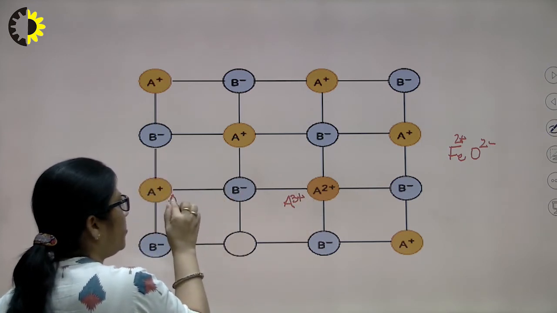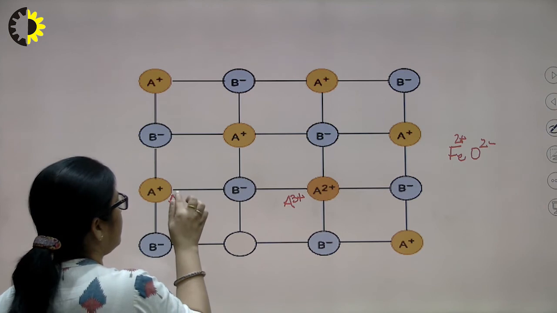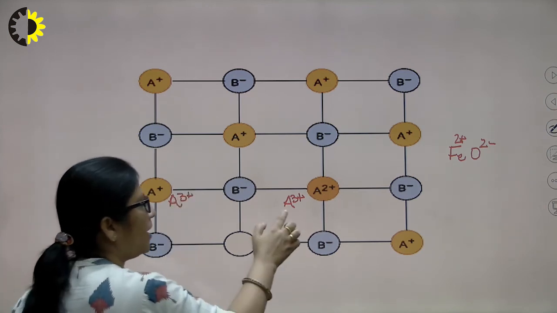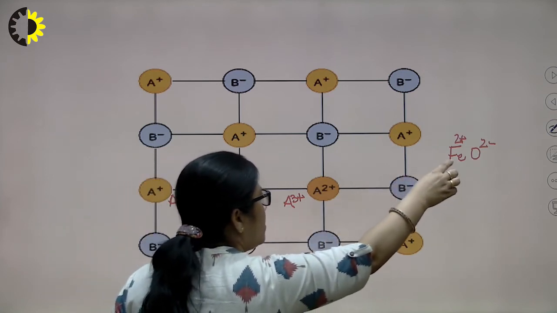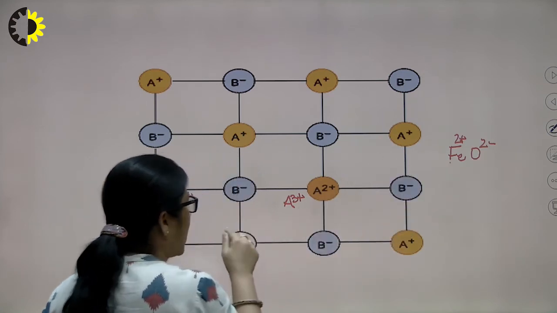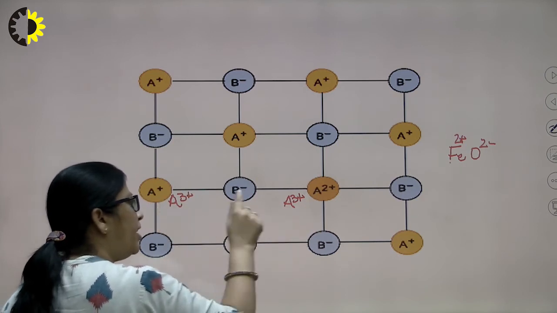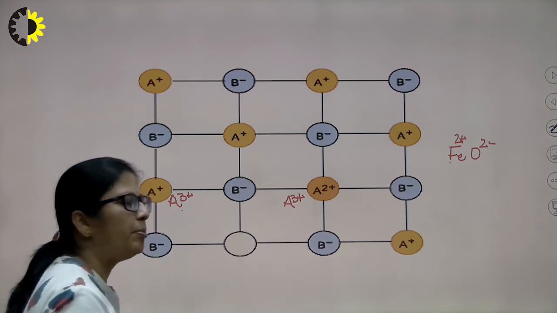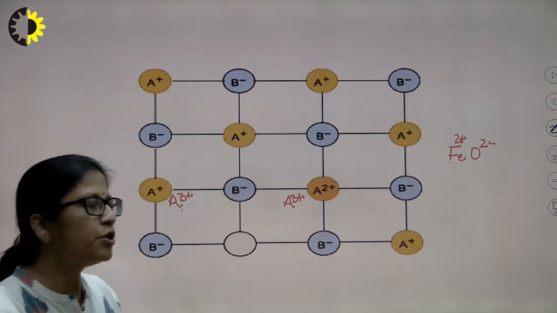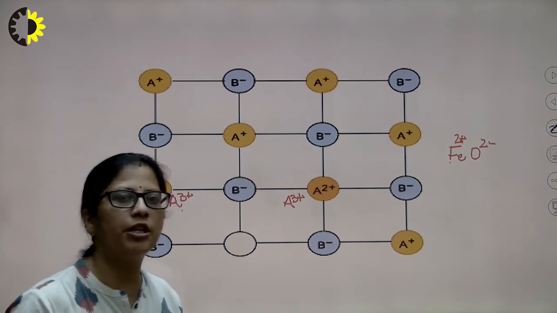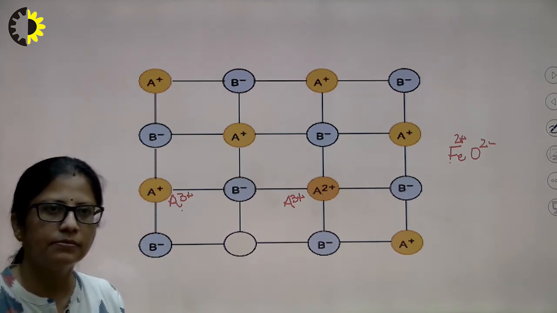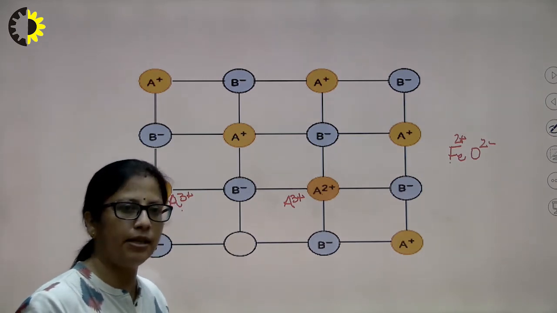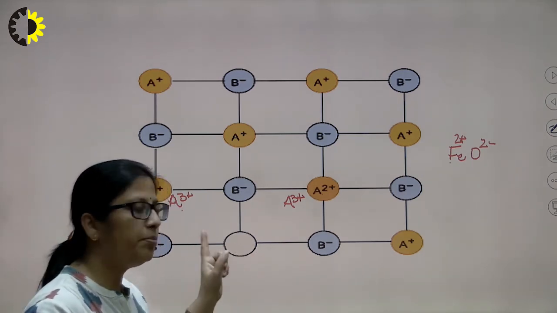If A is iron, then in this case this Fe2+ is absent. So, two of the neighboring Fe2+ should acquire Fe3+, they should be present in the ferric state so as to maintain the electrical neutrality. This type of crystal again causes a decrease in the density because this vacancy will be left out.